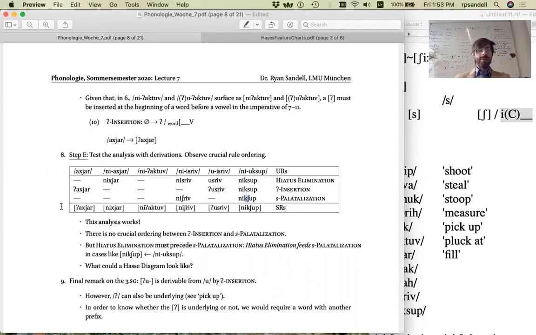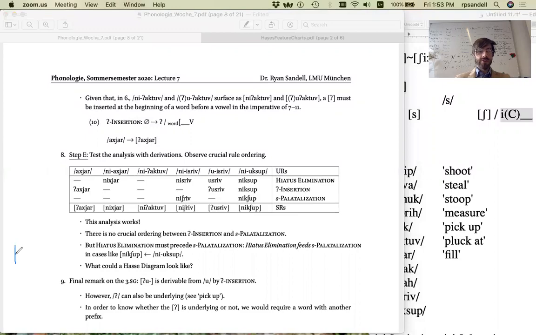So a Hasse diagram for this language, based on this, would look like this: we need to have, I'll abbreviate hiatus elimination as HE, and it needs to precede s palatalization.